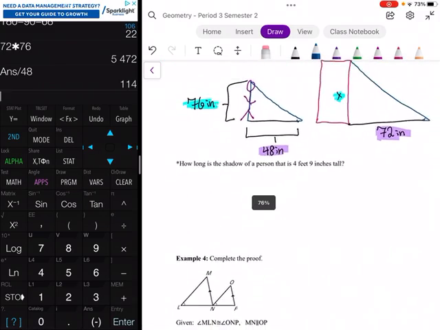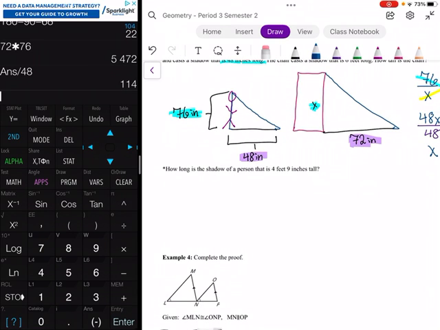Using the same information, we're going to find the length of a shadow of a person who's 4 feet 9 inches. So I know 4 feet, if we multiply that by 12, we're going to get 48 inches. So if they're 4 feet 9 inches, we would take 48 plus 9, which equals 57 inches in total.